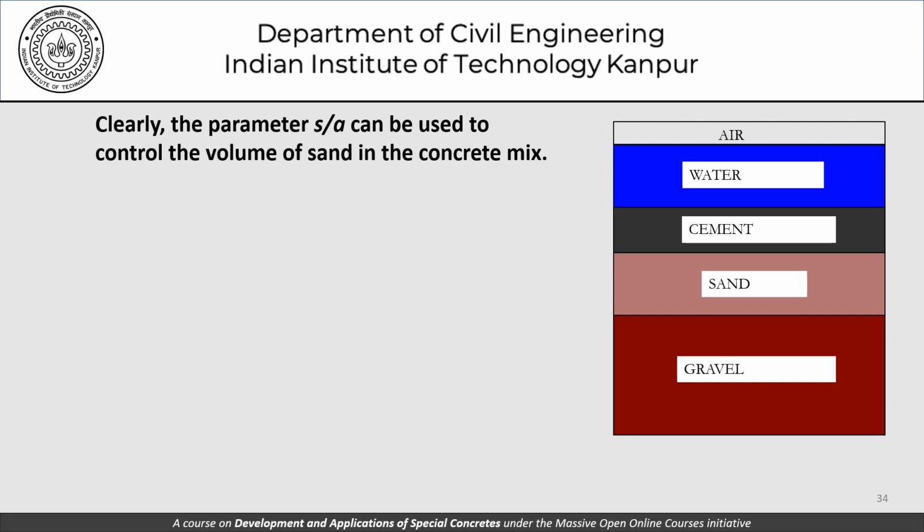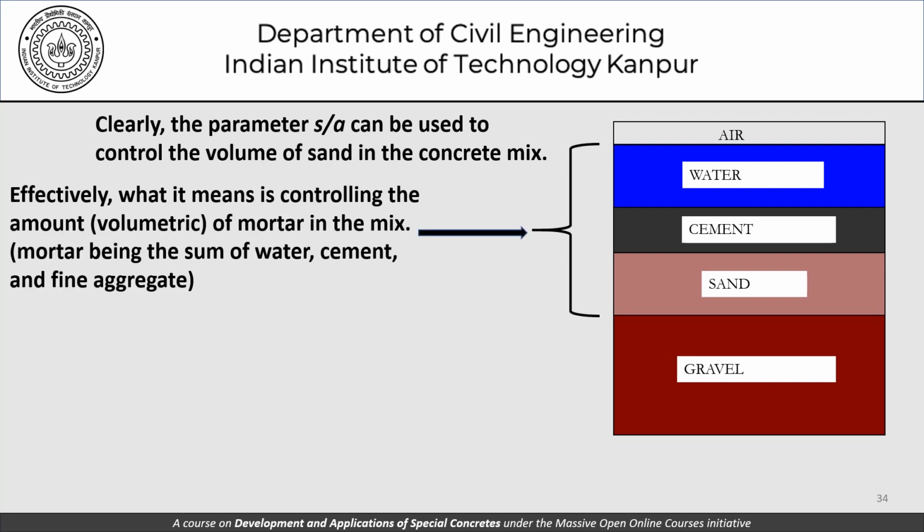The parameter S by A can be used to control the volume of concrete mix. That has been established. What that means is that effectively, if we change the volume of sand here through the S by A, it also becomes a means of controlling the amount of mortar in the mix, because mortar is nothing but the sum of water, cement and sand.